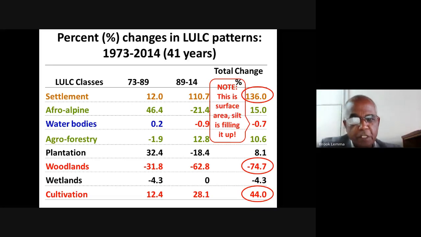And then the water surface, look in the box, this also shows a decrease, but that should not mislead you. This is only a measure of the water surface. But if you look at the depth of Lake Zowai today, it has become very, very shallow because of the silt coming from the two rivers, with the run-off of every rainy season, during the long and the short rainy seasons. So it's only a sheet of water that's expanding on the surface, but the total volume of the water is very low.